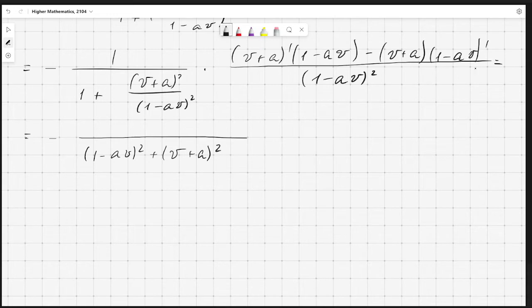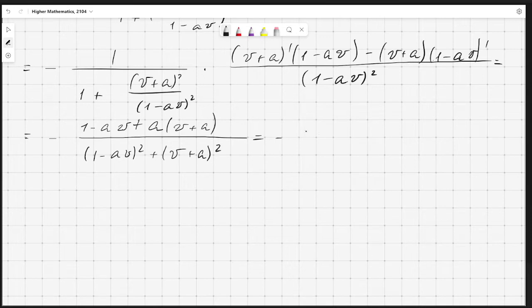Then numerator, derivative of v plus a with respect to v is 1 plus 0, just 1. 1 minus av, just write down, minus derivative of 1 minus a times v is minus a. And this minus gives us plus a, v plus a, just write down.